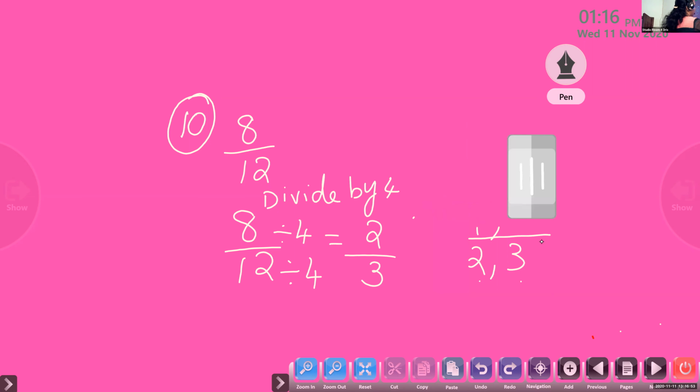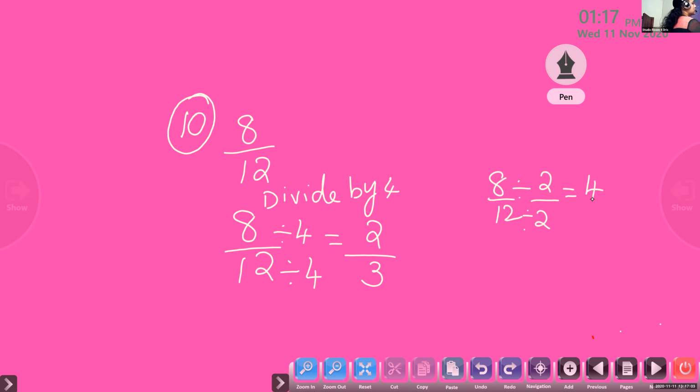Some children, if they want to do 8 by 12, will first divide by 2. 8 divided by 2 is 4, 12 divided by 2 is 6. Again, this is divisible by 2. Divide, 2 by 3. So whichever method you use, children, you will get the same answer. You can first divide by 2, you will get 4 by 6.